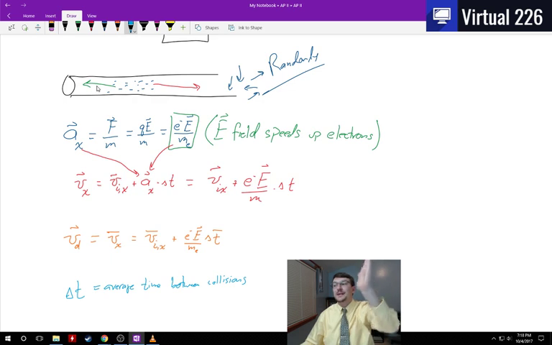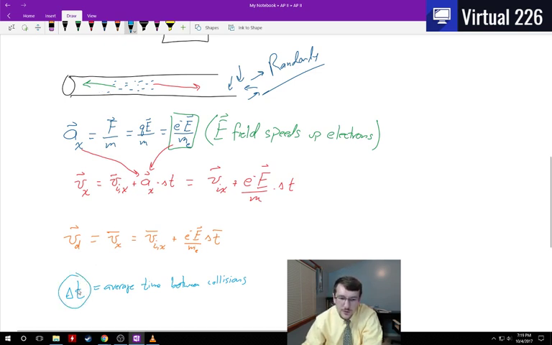Then they get back into the x direction again, and boop, boop, boop. All of them are doing this. So they're getting a little far, and then bouncing in some random way. Okay? This is also kind of the idea of a random walk, but it's a little different. They're getting so far and then bouncing, and they're only able to travel like this for some time of delta T.